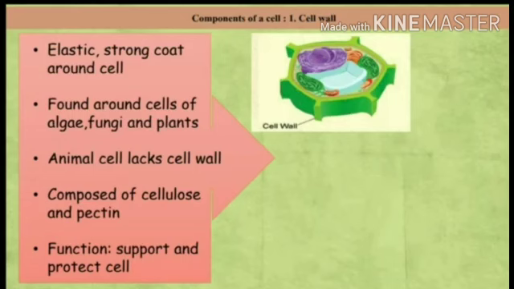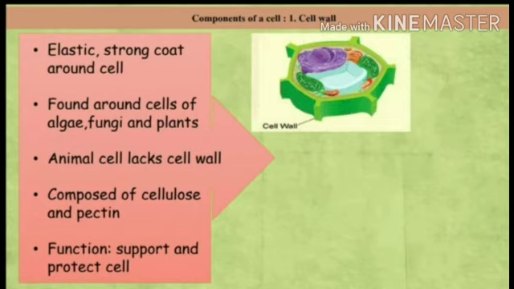Cell wall. Now it is found around cells of algae, fungi and plants. Animal cells lack a cell wall, that is, the cell wall is absent in the animal cell. Now the cell wall is an elastic and strong coat around the cell membrane. It is mainly composed of carbohydrates like cellulose and pectin.